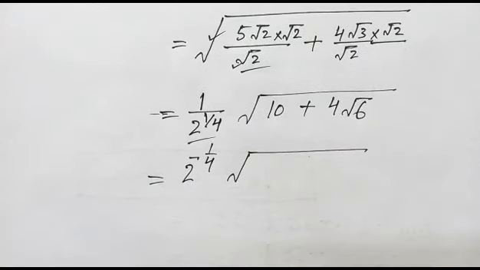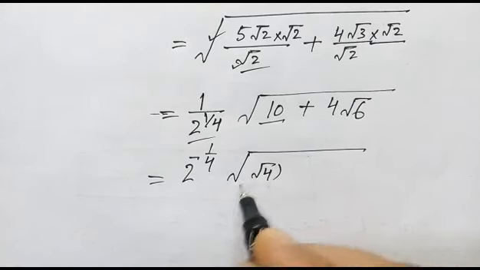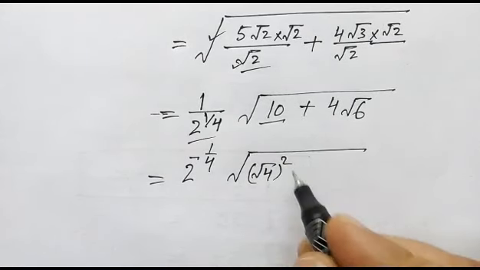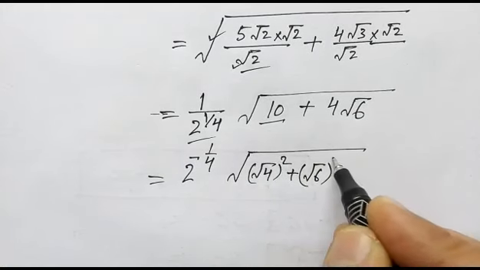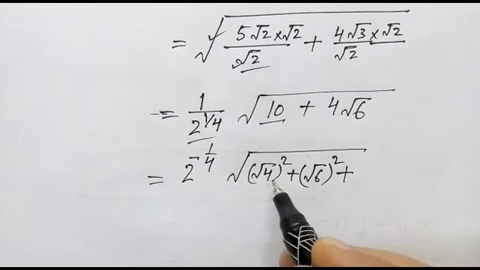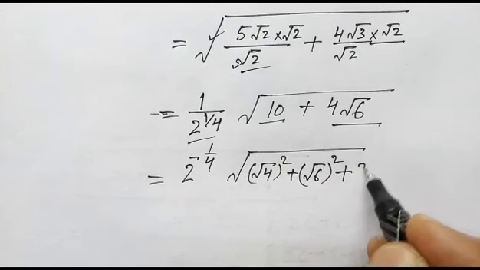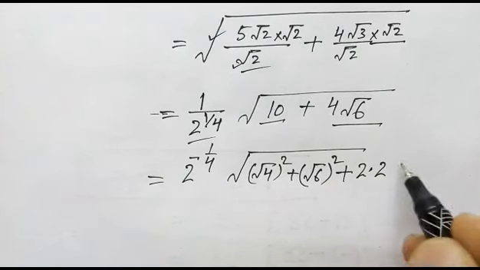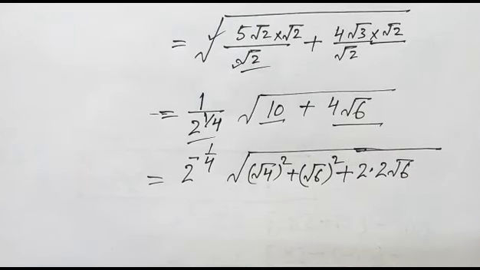Square root of, right? 10 can be broken as square root of 4 whole squared plus square root of 6 squared, plus 2 into square root of 4 into square root of 6, right?